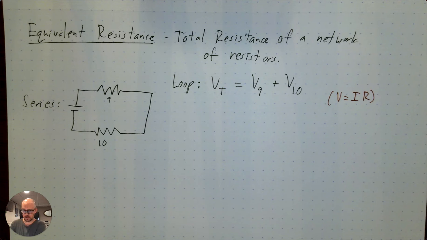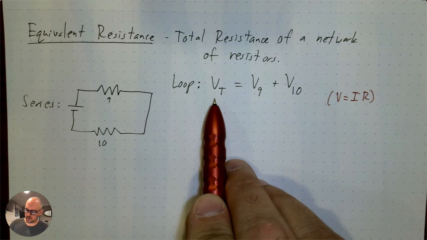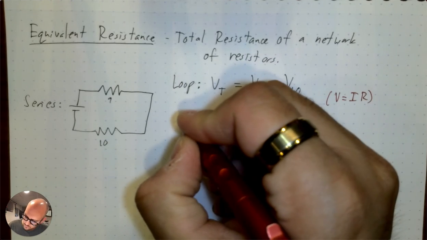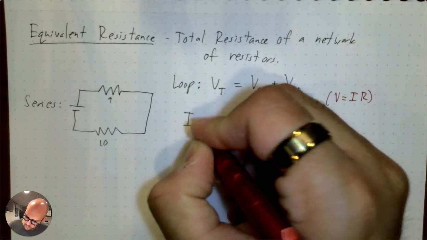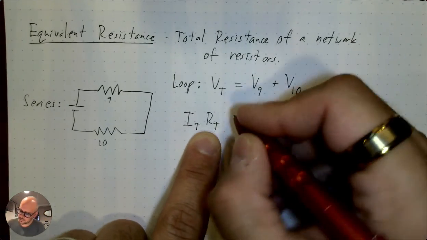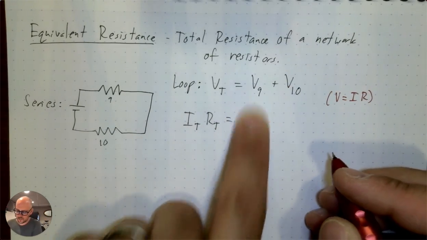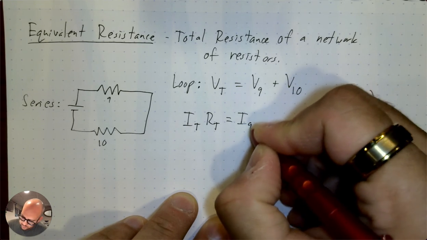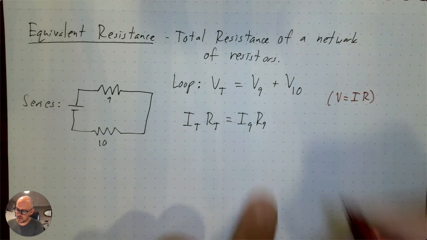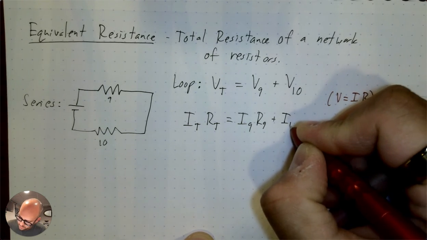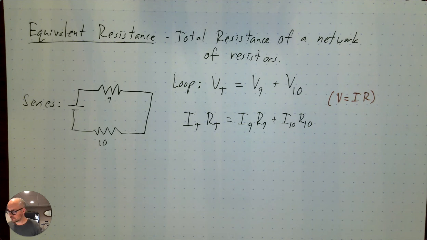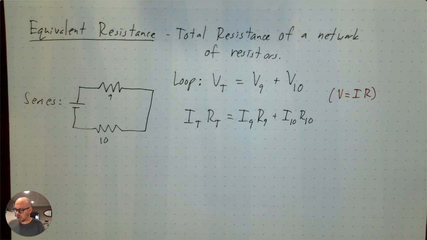So I can make a substitution. I can say that every voltage is now I times R. Instead of total voltage, I have total current times total resistance. Instead of V9, I have the current through 9 times the resistance of 9. And for 10, I have the current through 10 times the resistance of 10. Alphabet soup at this point.